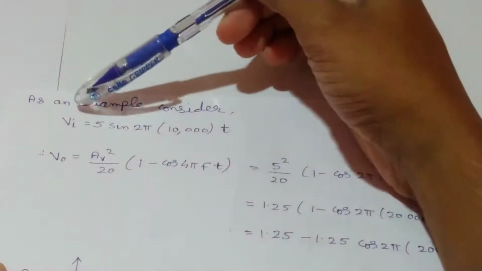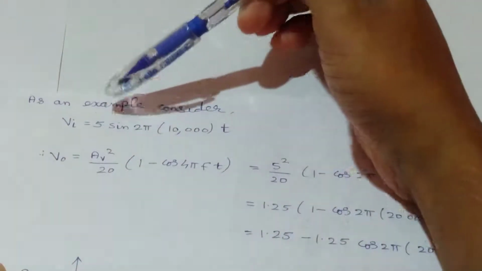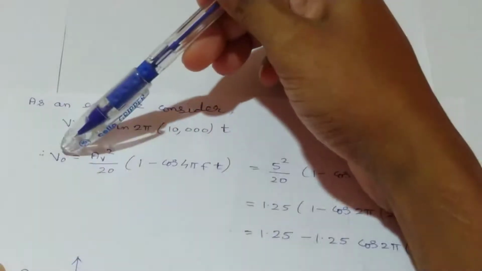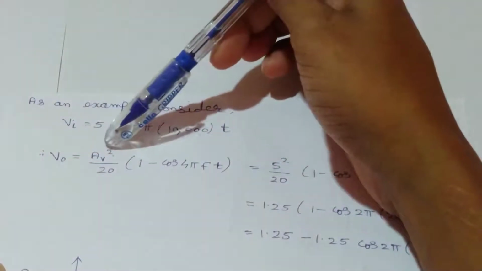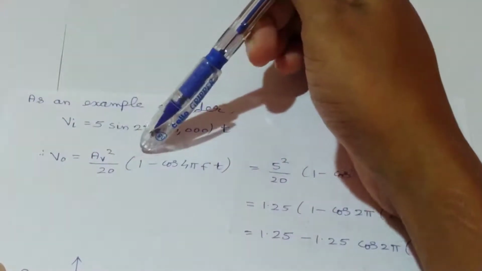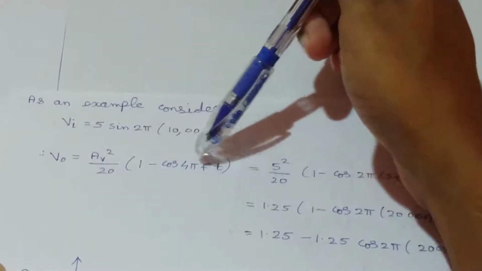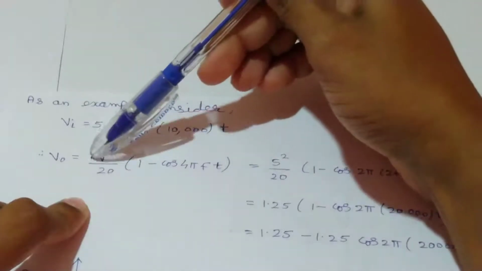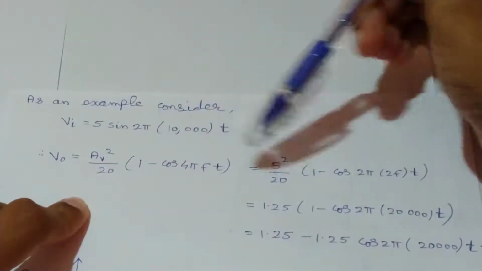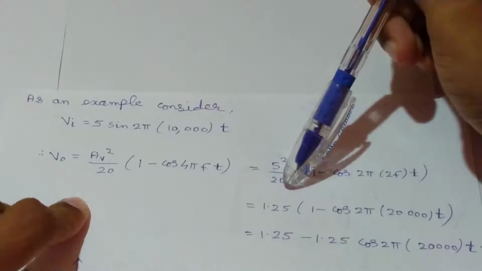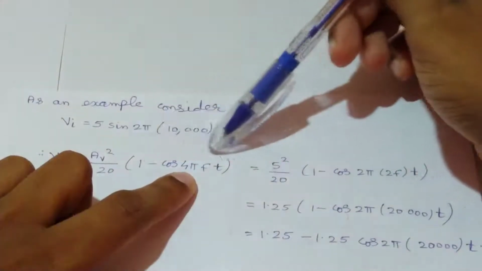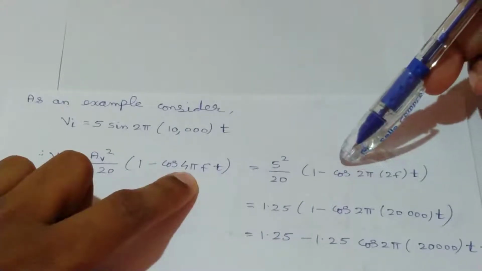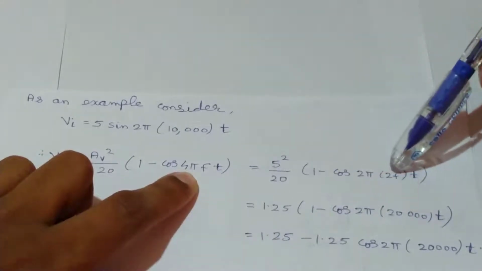So our input voltage Vi is 5 sine 2 pi 10,000 t. We know our output voltage Vout is equal to Av square divided by 20 into 1 minus cos 4 pi ft. Av is 5 volt, hence we can replace Av by 5 and this term will be 5 square divided by 20, and I am rewriting this 1 minus cos 4 pi ft term as 1 minus cos 2 pi into 2f into t.